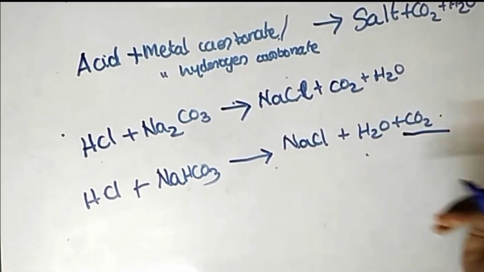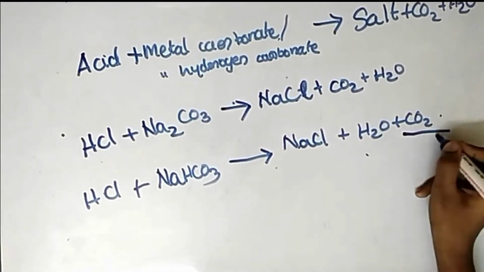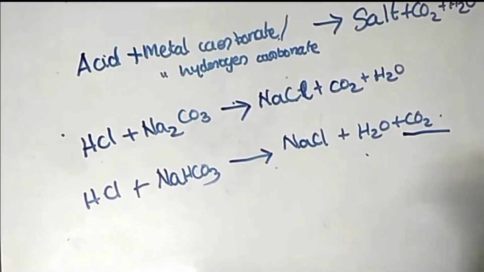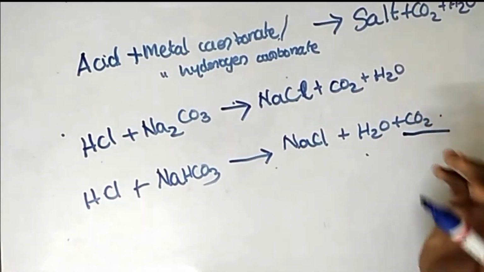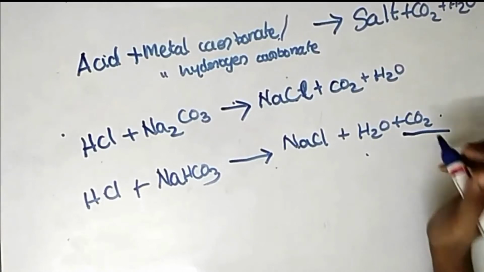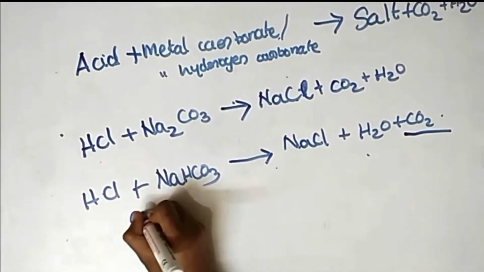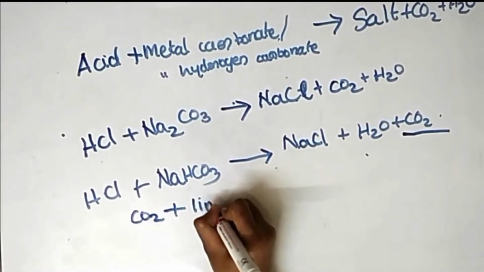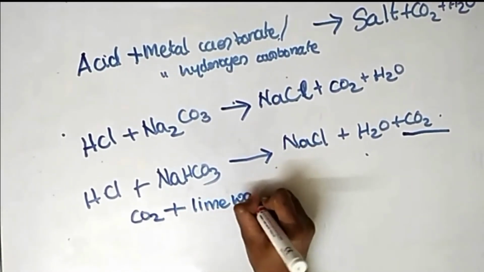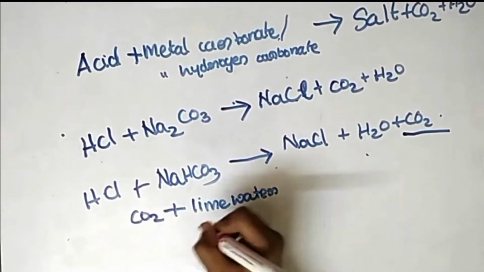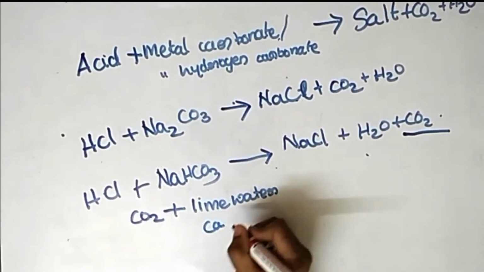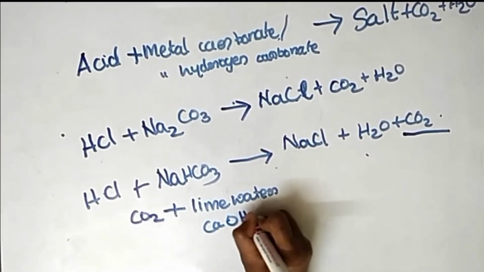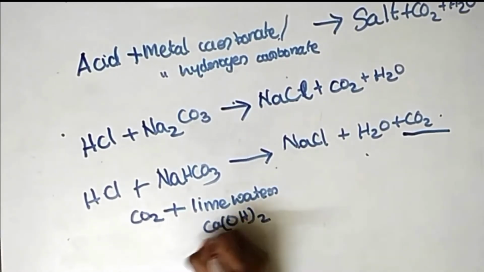So how can you confirm that the gas formed is carbon dioxide? For H2, it burns with a pop sound, and the test for carbon dioxide is to pass it through lime water. The chemical formula of lime water is Ca(OH)2, that is calcium hydroxide.